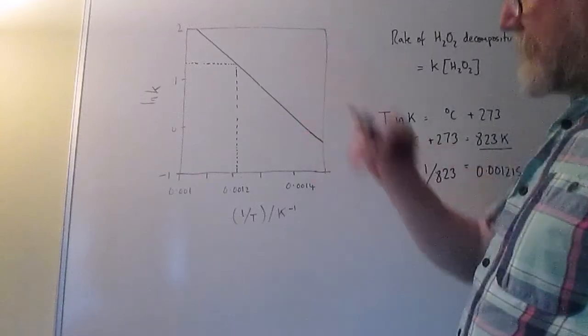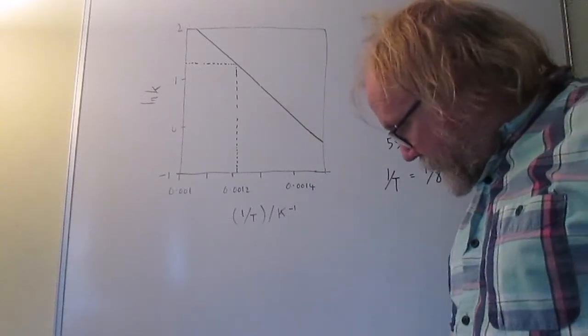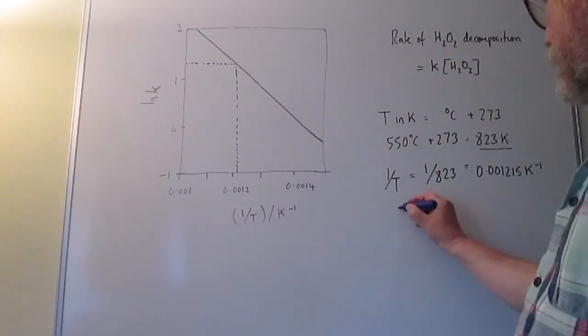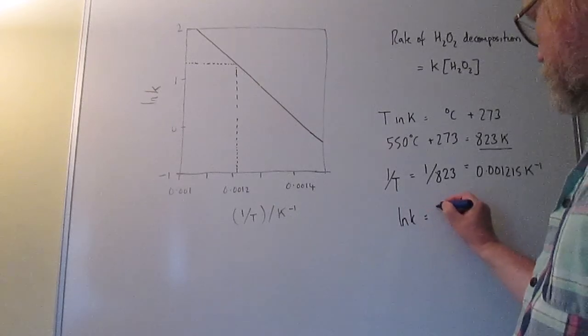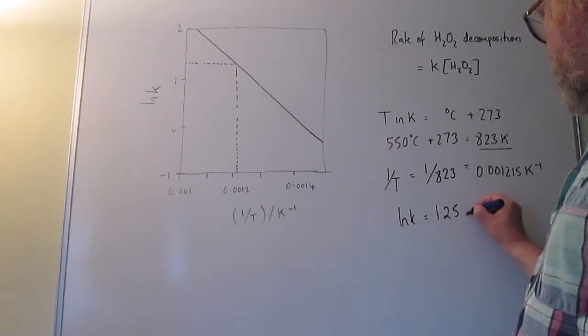And what you should get, which doesn't look quite right on here because obviously this is just sketched, but what you get off the actual graph is that log of K is equal to 1.25 at this temperature.